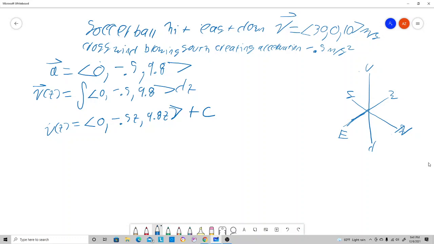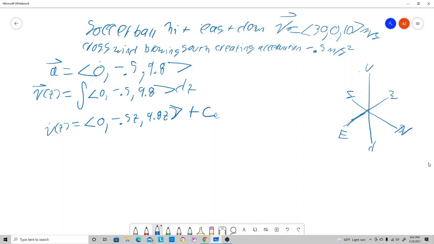And we do have an initial condition. It says that the velocity is 30, 0, 10. So all we have to do is replace this with this. Because if you think about it, if we plug in 0 for t, this will become a 0 vector.